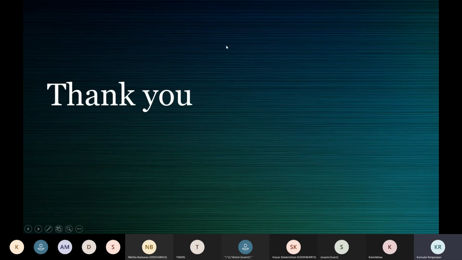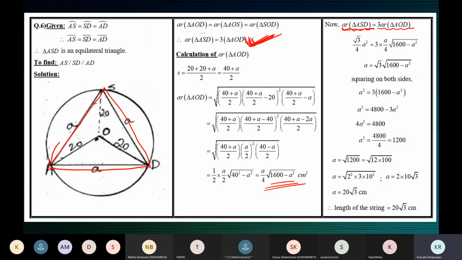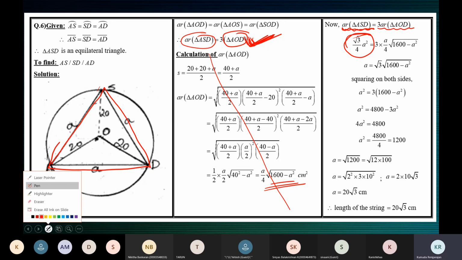So according to this equation, you need to find the area of triangle ASD. That you don't have to find, because it's an equilateral triangle, so it's root 3 by 4 a square. Then you'll have to find the area of triangle AOD. That's what we found here, using Heron's formula.